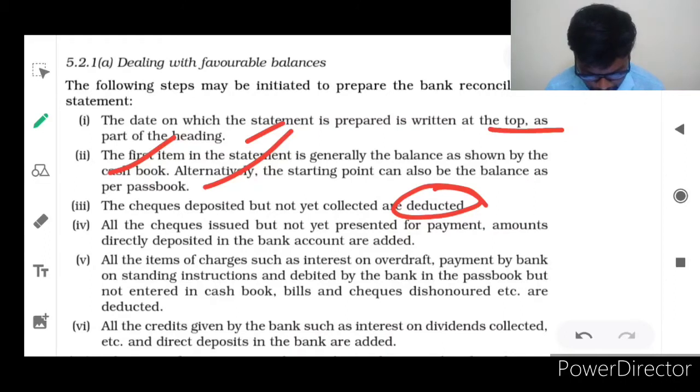And all cheques issued but not yet presented for payment. You issued them but they fail to submit them to the banker. Your bank balance is not going to reduce until after submission, only after the banker scrutinizes all the details on the cheque: whether the amount is available in your bank, whether the signature is yours, and whether it is a valid or outdated cheque, an account payee cheque, or a different branch cheque.